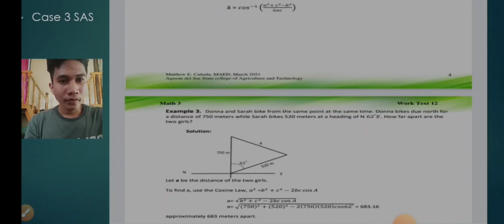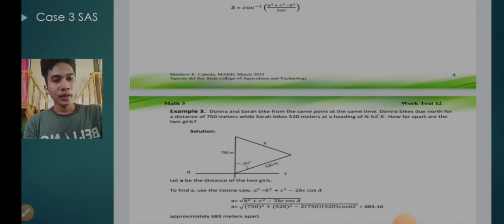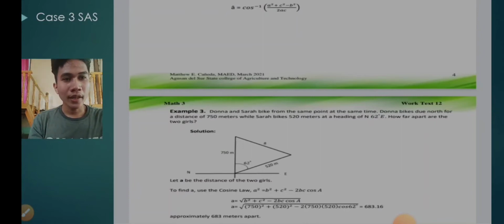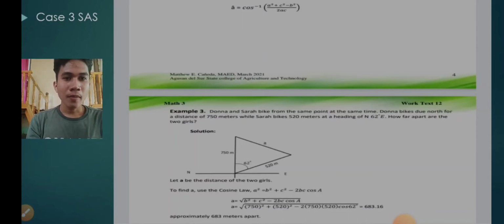Based on the calculator, the result is 683.616 meters. So approximately, the distance between the two girls is 683 meters apart.